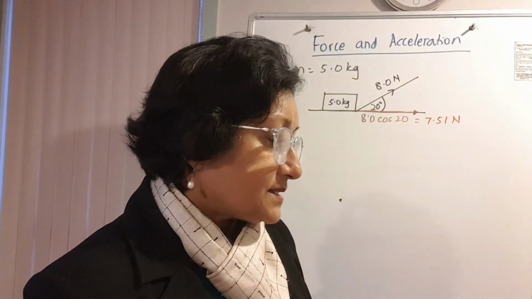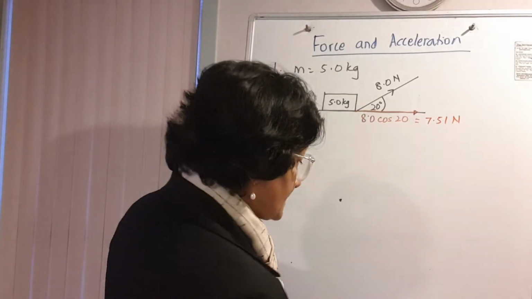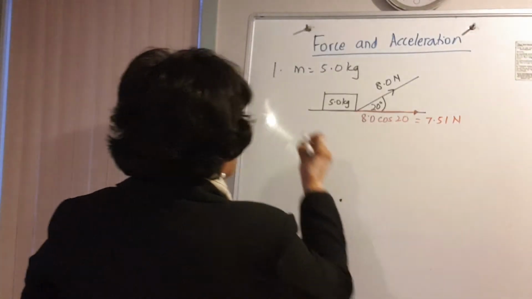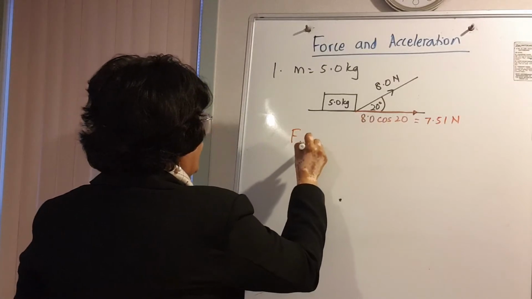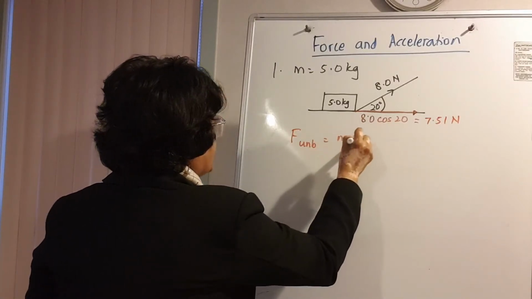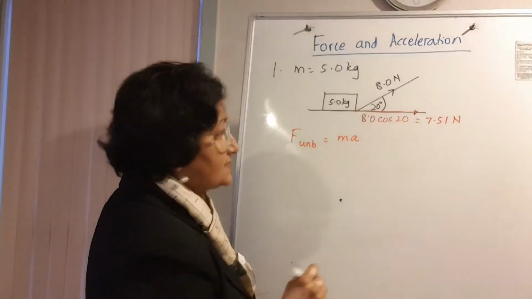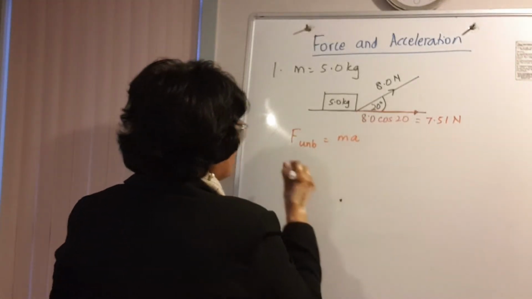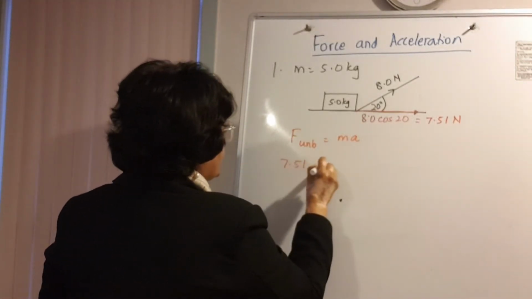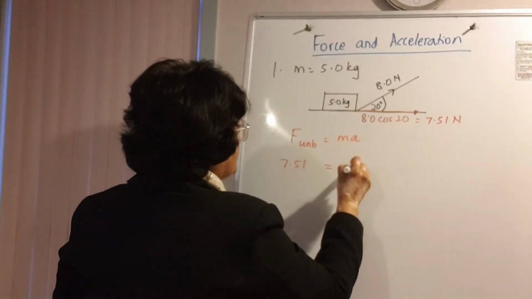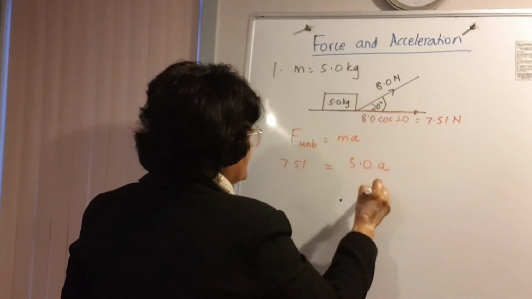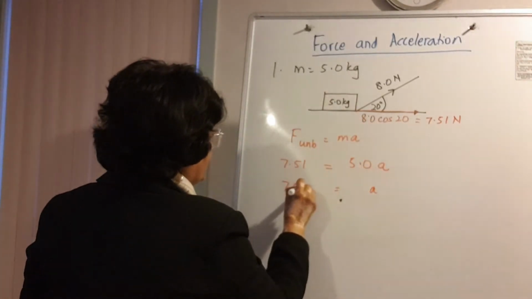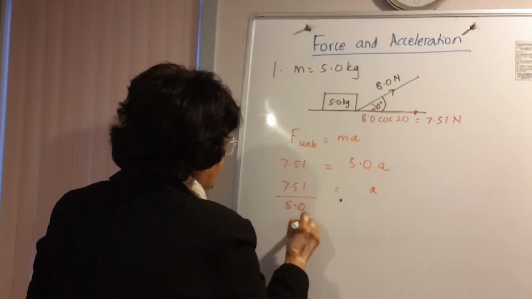Use F unbalanced equals ma to calculate the acceleration of the sledge. So F unbalanced equals ma, and we've got to calculate acceleration. Now, the unbalanced force is 7.51 equals the mass, 5, times a, so a is 7.51 divided by 5.